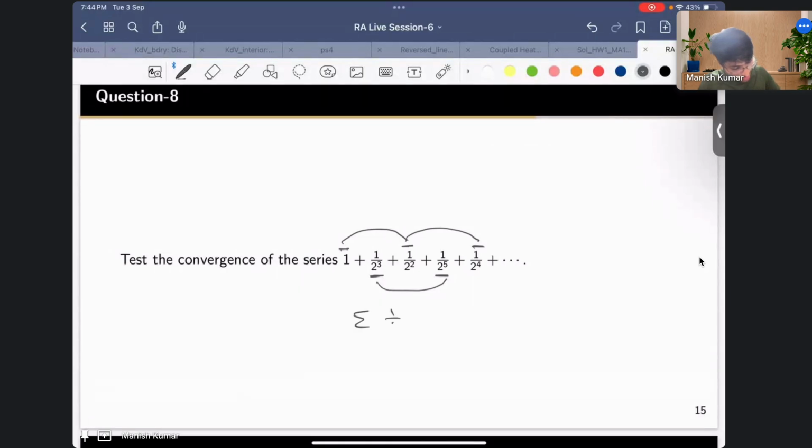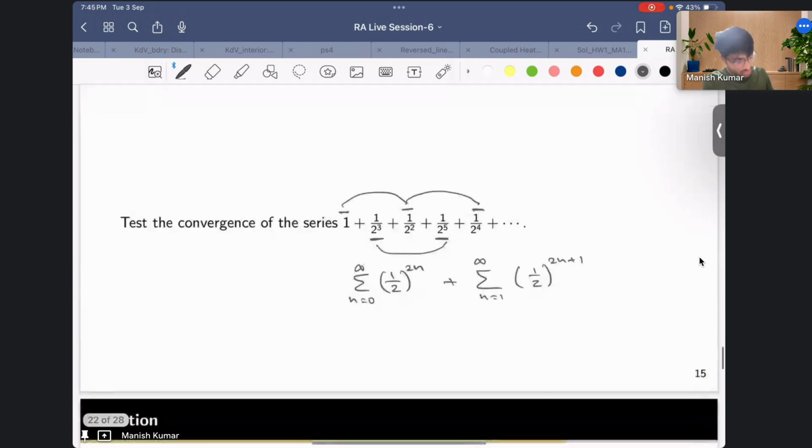So in summary, I can write this as summation 1 by 2 raised to the power 2n, where n is from 0 to infinity, and the other one is summation 1 by 2 raised to the power 2n plus 1, where n is from 1. This is the series given to us. But from here only you can conclude.